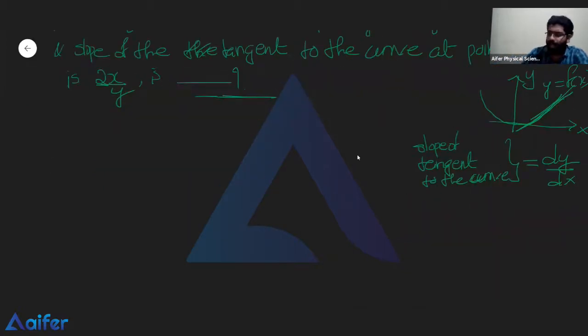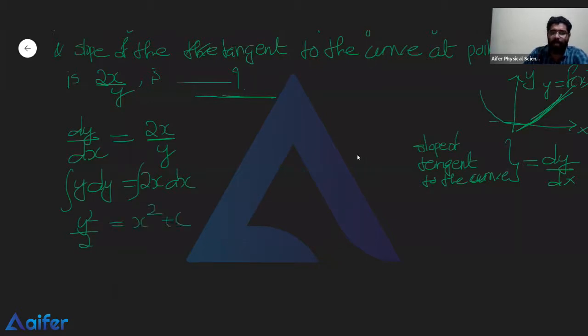We now need the slope of the tangent idea. The slope of the tangent is dy/dx, and it is given as 2x/y². Now this is variable separable form. So y² dy = 2x dx, right?